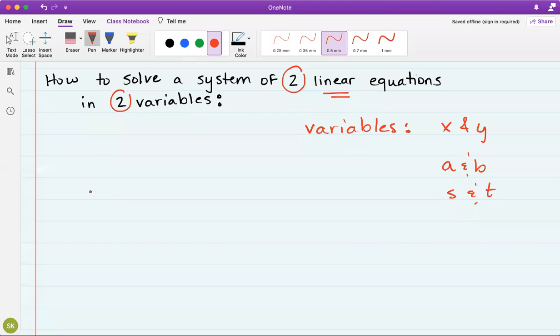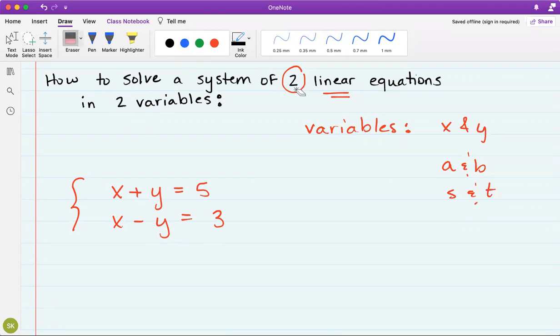Now let's think about this. Let me just give you a random example. x plus y is 5 and x minus y is 3. Now, if we're looking for solutions, that's what it means to solve a system.